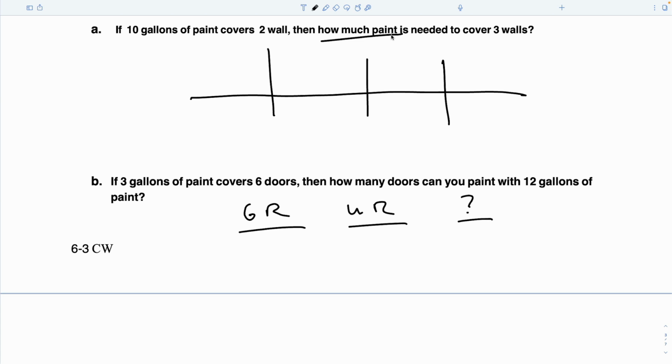So I'm looking for how much paint. So gallons, I need to see that unit. And then walls. Like that. I'm fine with paint. If you're done with A and B, go to bronze.